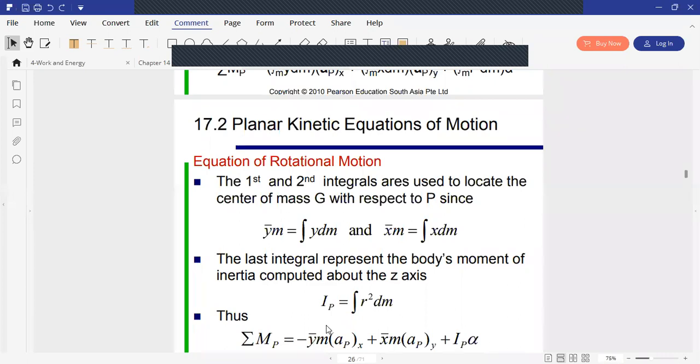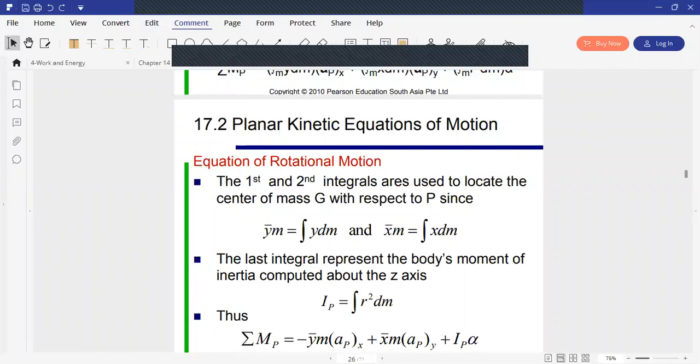You know why? Because if I put P on G, then G is the origin of the frame. So y bar of G will be 0, and x bar of G will be 0. So I am left with I_G alpha.